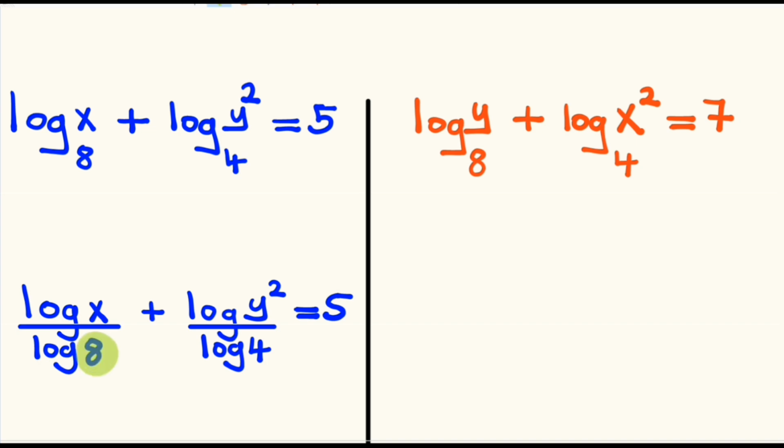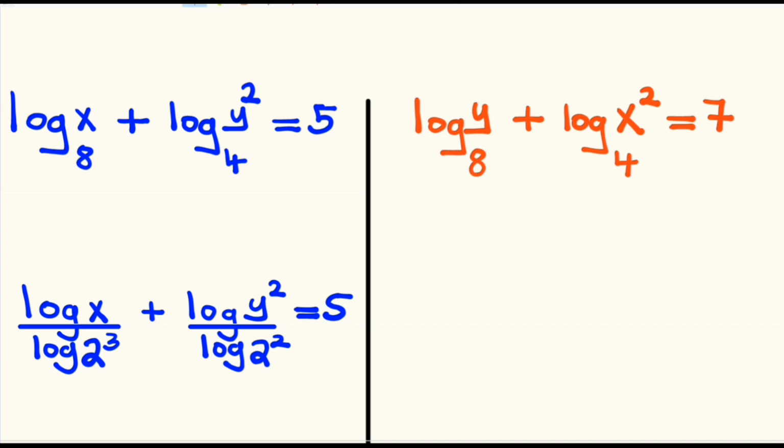We can express the 8 and that 4 in exponential form: the 8 will be equal to 2 raised to the power 3, and the 4 we express as 2 raised to the power 2.